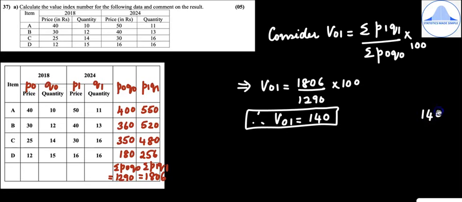Now to write the conclusion, 140, that is the value index number, should be subtracted from the base year index, that is 100, and we get the resulting value as 40. So write the conclusion.